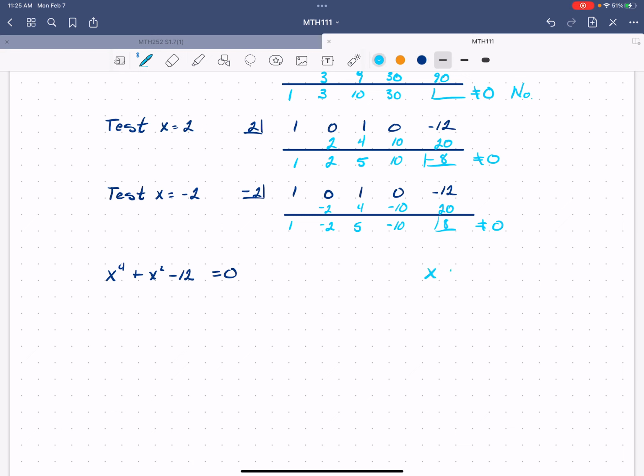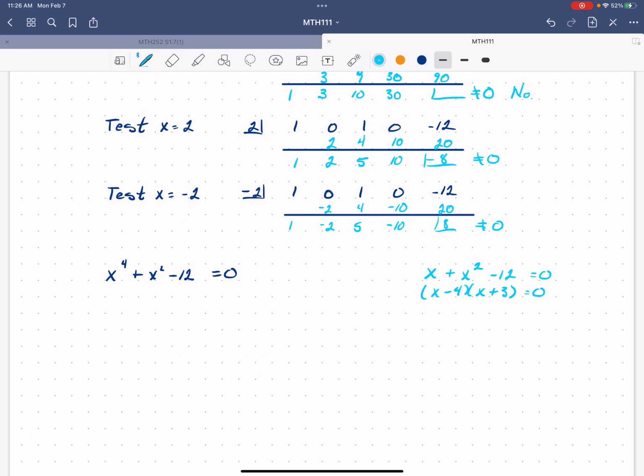If I had x squared plus x minus 12, I would just factor that as x minus 4 times x plus 3, right? And I'm seeing something may have gone wrong here. Let's give this a shot. So I almost have that.